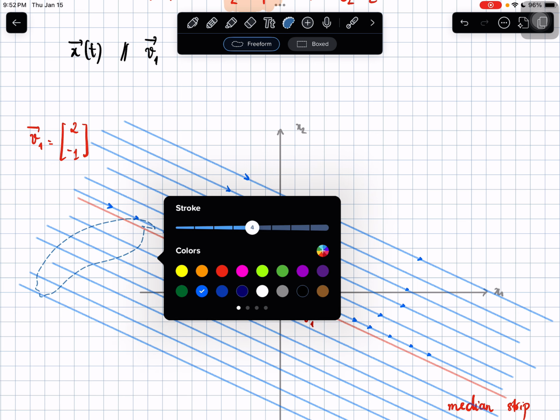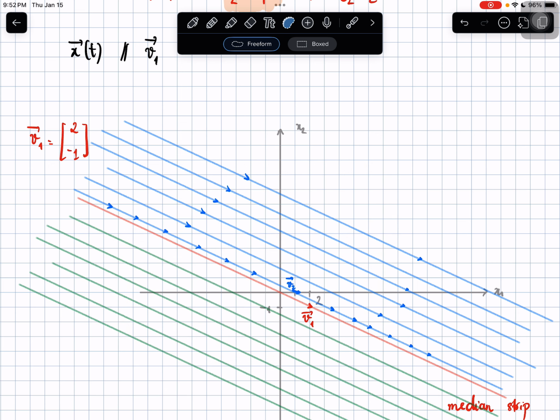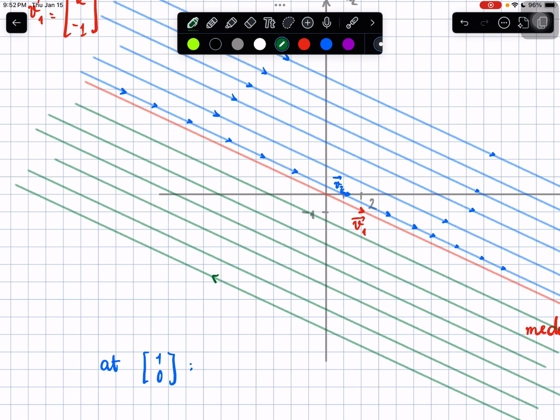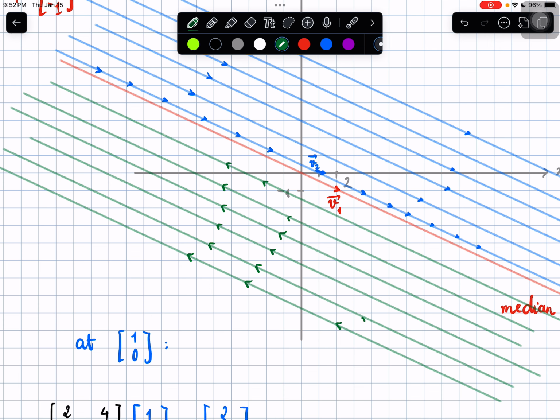Let's say the other lane is colored green.